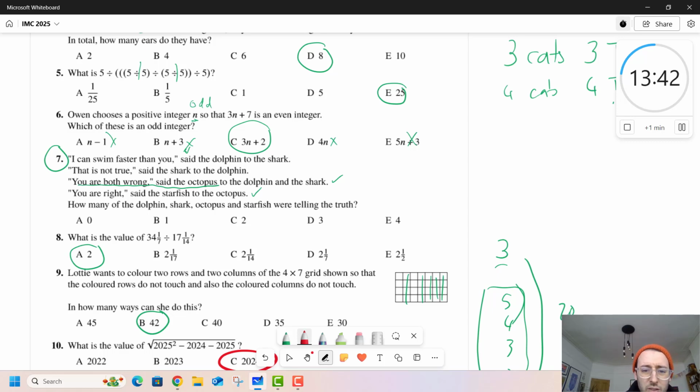So that's dolphin swimming faster than shark. If they're both wrong, how can they both be wrong? That's what I don't get. That means they swim at the same speed.